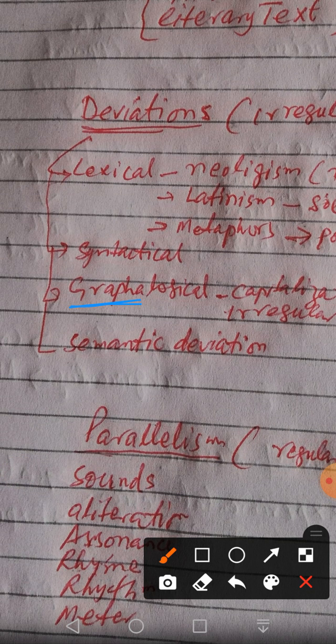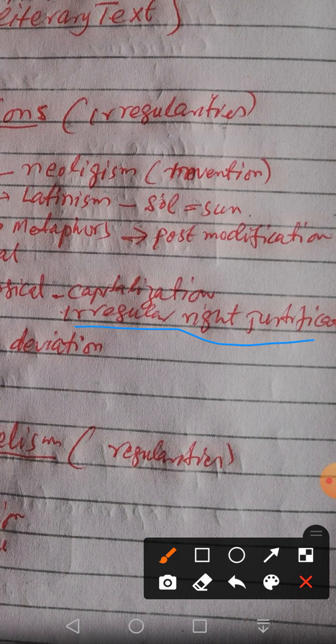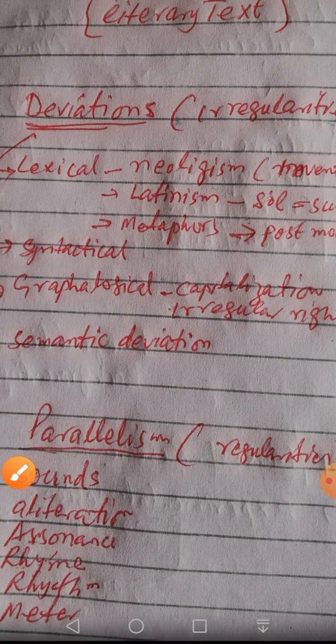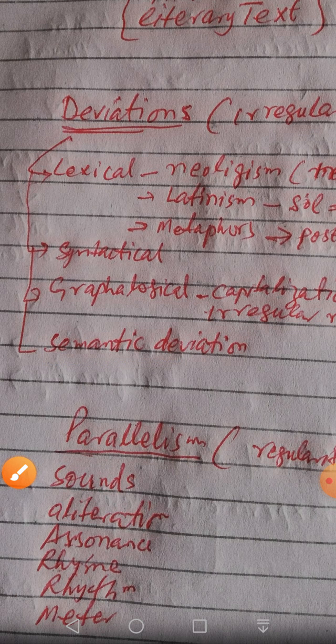Particularly the American poet Emily Dickinson, if you have read her work, uses unusual capitalization. The same goes for irregular right justification; the text is not justified. Then semantic deviation, like when you say the whole universe was weeping, or a flower was weeping on her death. A flower can't weep.